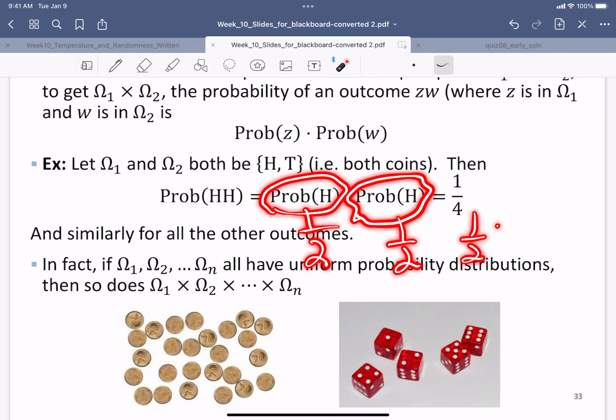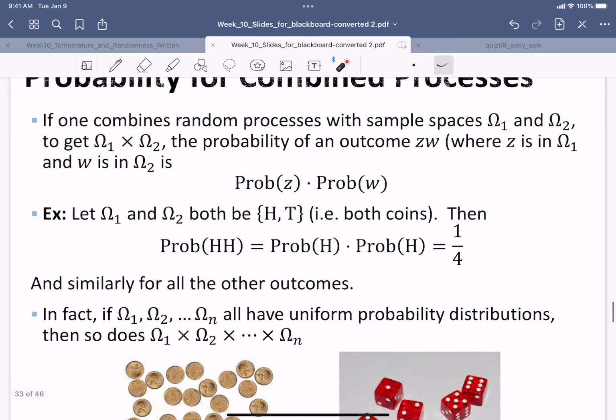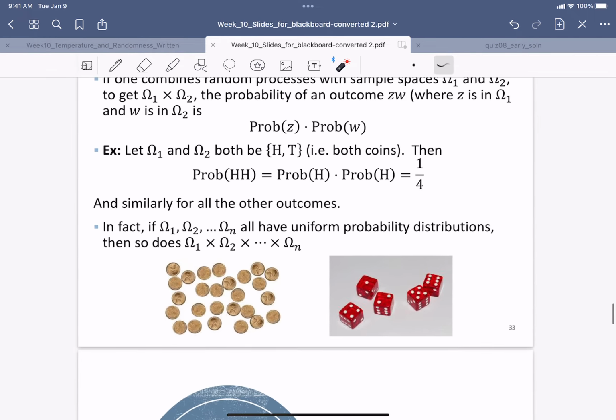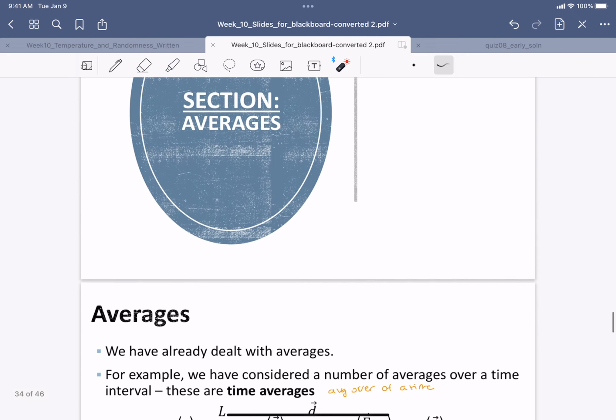So 1/2 times 1/2 will give me 1/4. That's the same for rolling the dice. I can roll 2 ones. The probability of rolling a 1 on the first roll is 1/6, and the probability of rolling a 1 again on the second roll is 1/6, because they're independent. So 1 out of 36 for rolling 2 ones. That's the probability for combined processes.